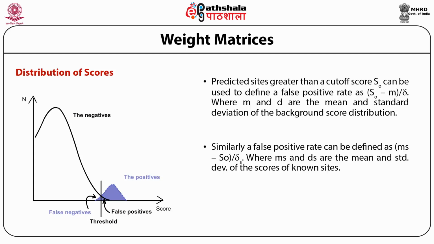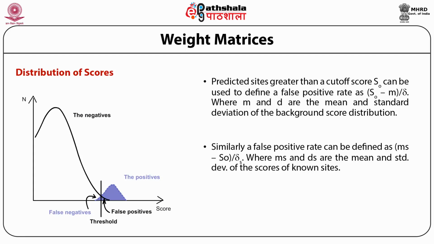The point here is that I have to set my threshold in such a way that I make a certain balance between the false negatives and the false positives. If I slide my threshold far to the left, I will never have a false negative. My method will be very highly sensitive, but I will have a lot of false positives, which indicates that I will not have a very specific method.